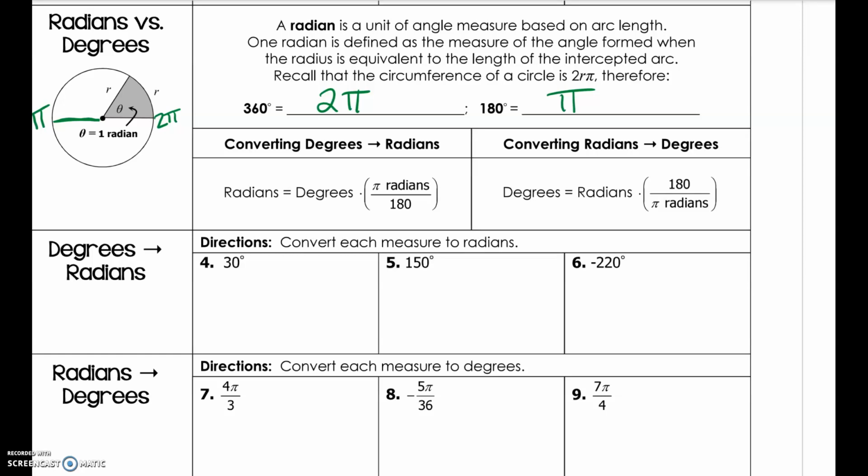Converting degrees to radians, you start with degrees and you multiply by pi over 180. So 30 degrees is going to be multiplied times pi over 180.